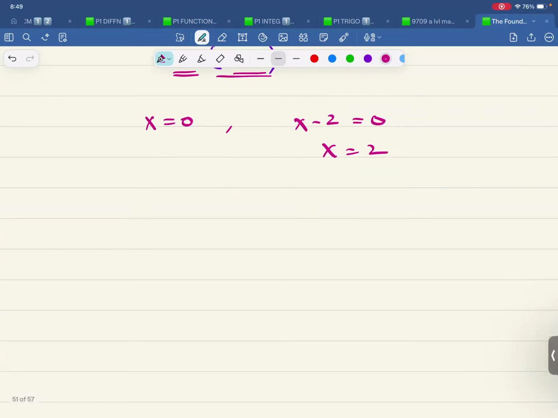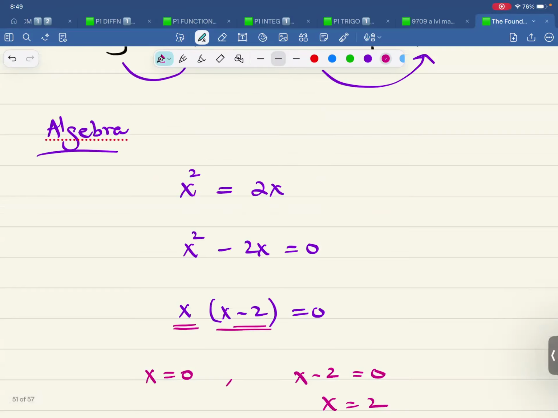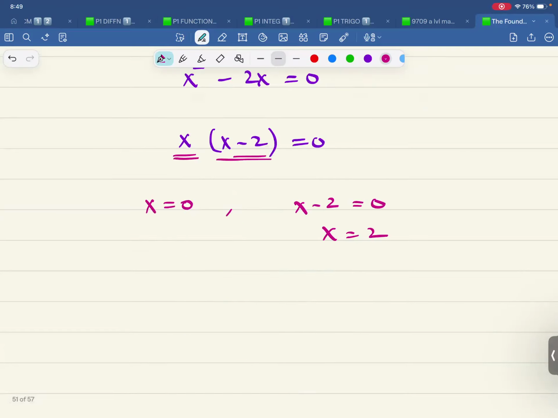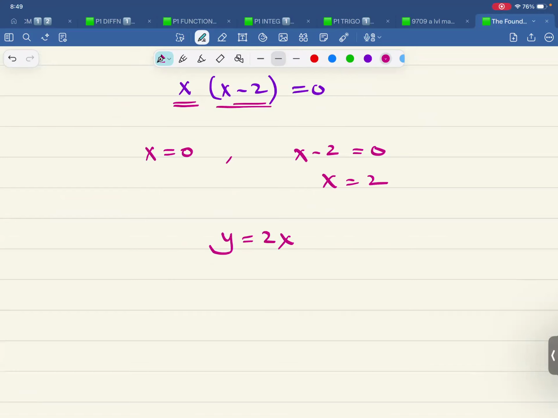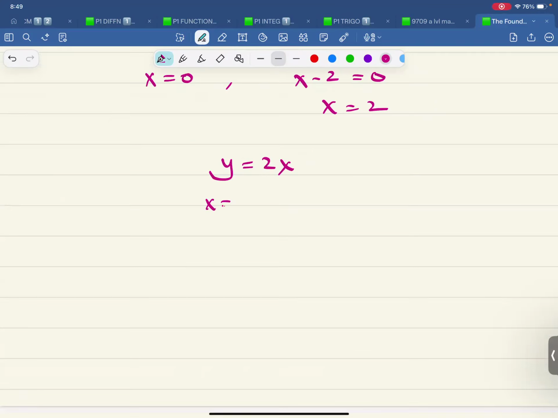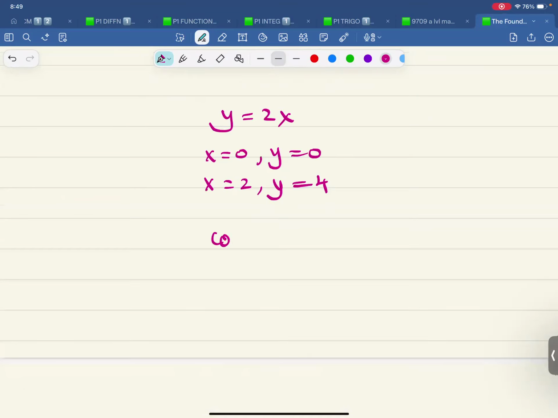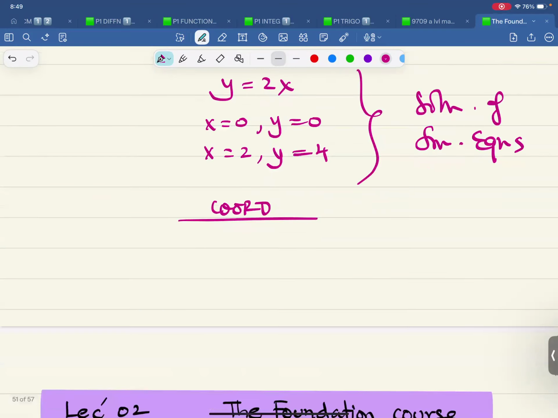So there are two solutions of this equation. Got the idea? If you want the y value, y equals 2x. So when x is 0, y is 0. When x is 2, y is 4. If you want the coordinates, this is the solution of simultaneous equations. The first coordinate is 0, 0. The other coordinate is 2, 4.